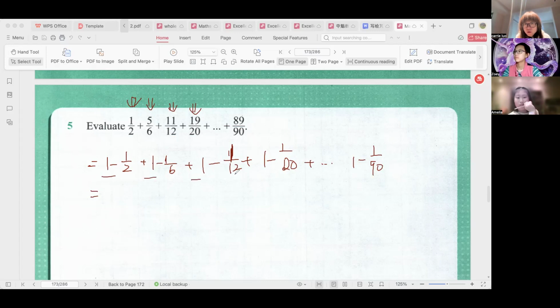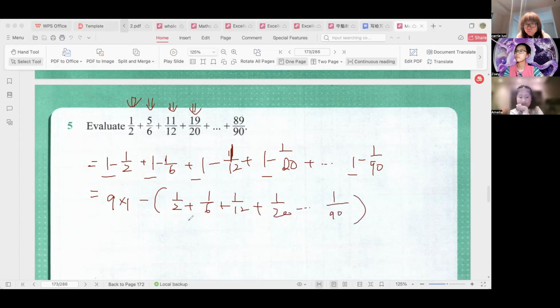So all the ones can be put together, right? So how many ones are there? 9 ones. Minus half plus 1 over 6 plus 1 over 12 plus 1 over 20 plus 1 over 90.